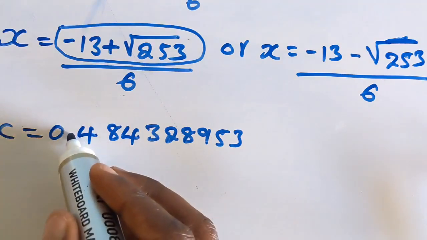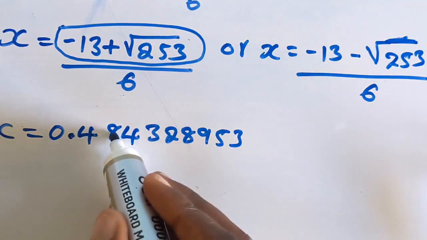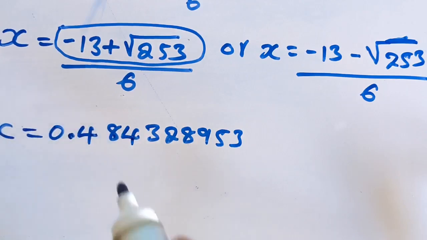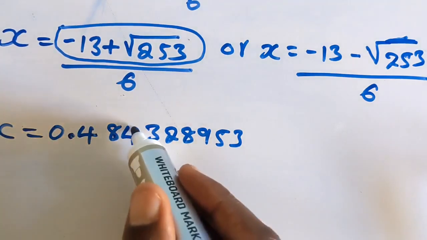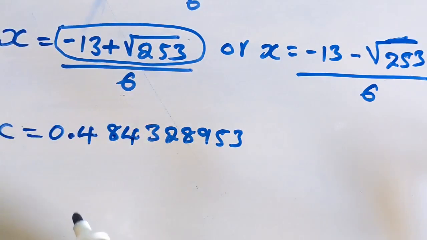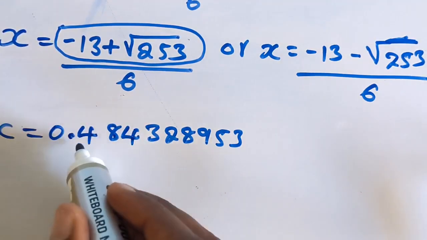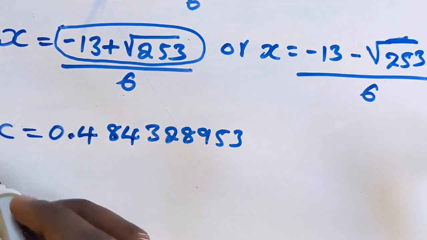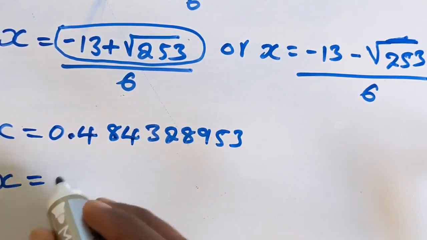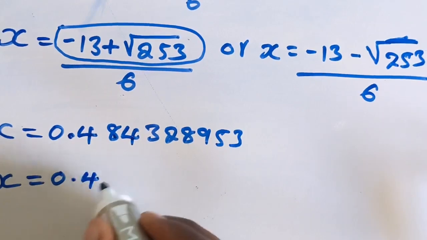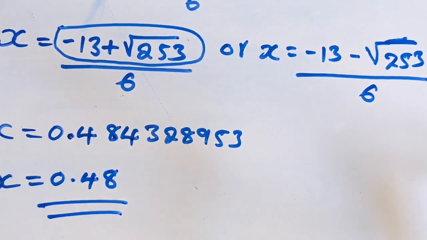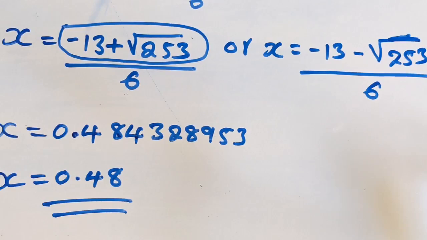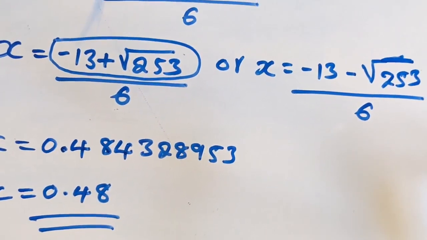Those are 4 and 8. If the next number is 5 and above, you add 1 to the 8 there. So you write your answer as x is equal to 0.48. Are we together? That is your first answer for the quadratic equation.